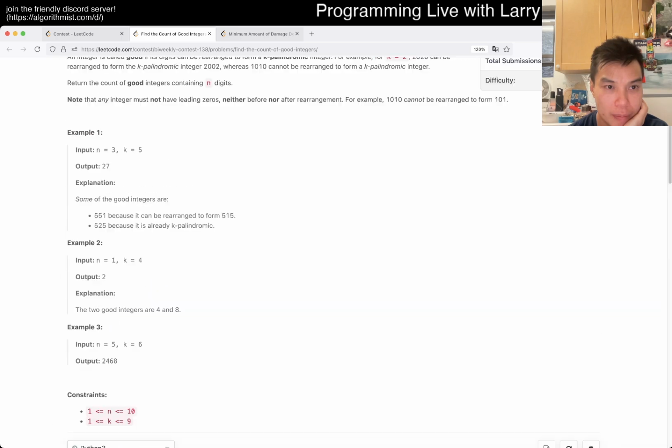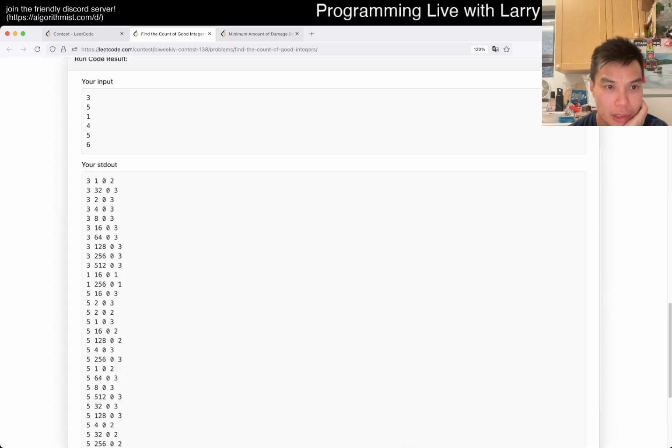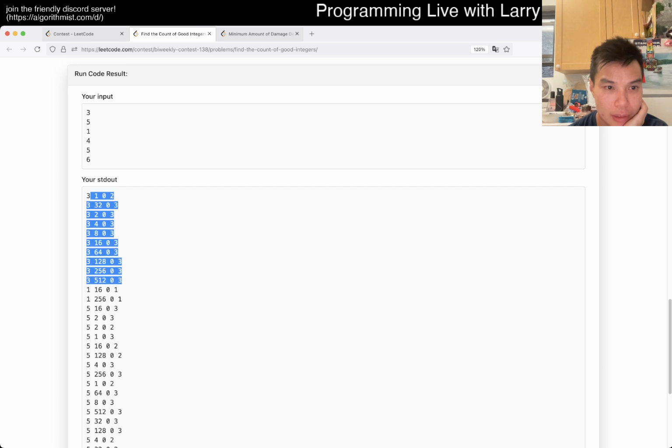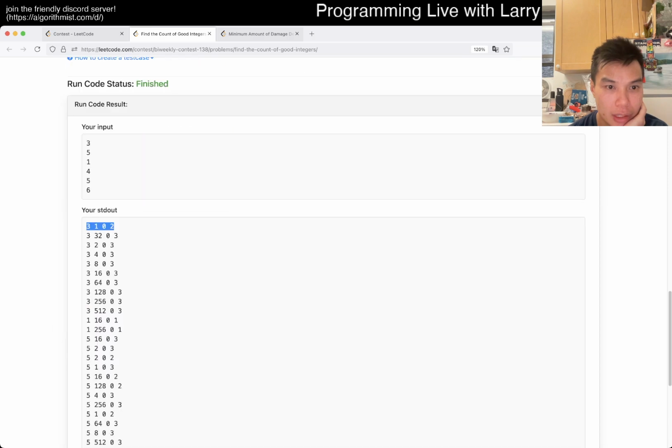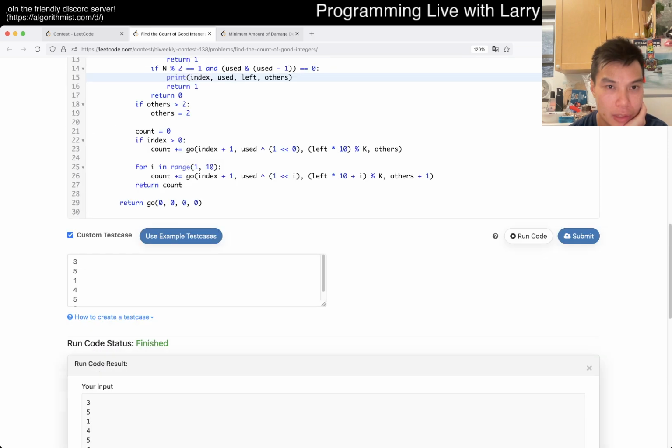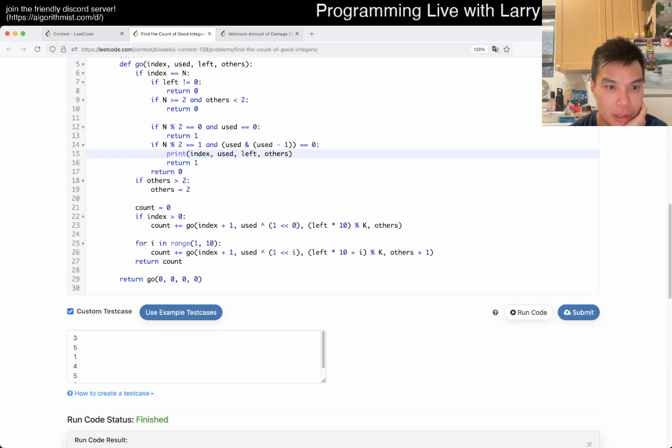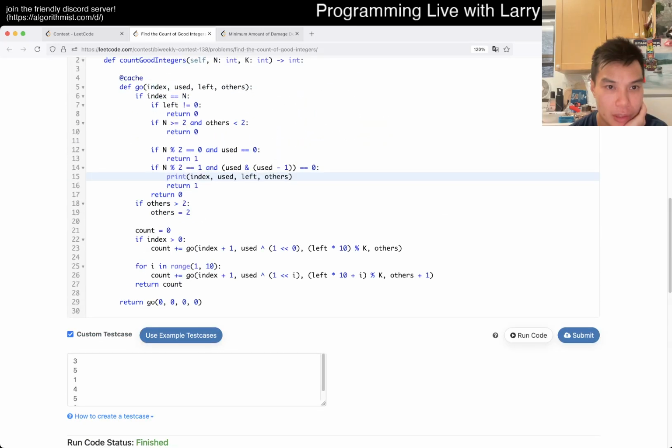What the hell is this 27? So we have the middle digit can be 0, so that's what this is. And other digits are 2, right? So that's good. How did I get 35 from this though?